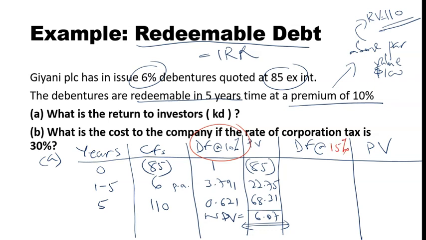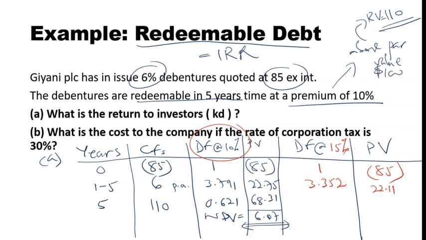Discount factor at 15% for year 0 is always 1. So we get our negative 85. Then for years 1 to 5, we need an annuity factor. That's 3.352, and when we multiply by $6, we get 22.11.